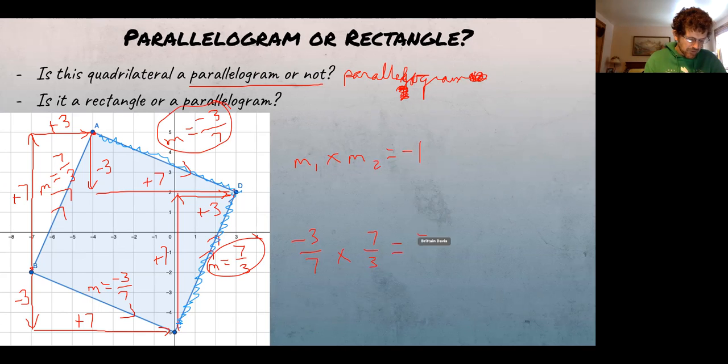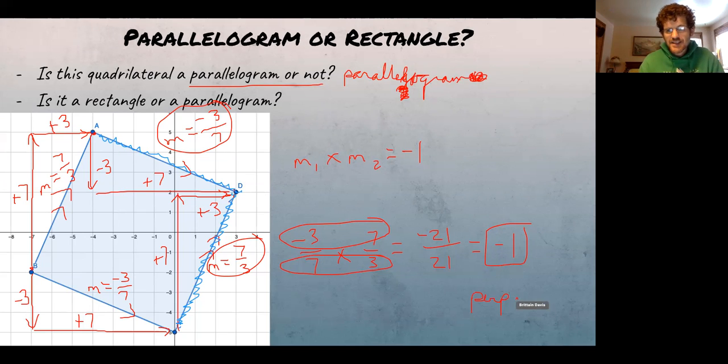So that gives me negative 21 on the top and then 21 on the bottom. I'm going to multiply across like this. And that gives me negative 1. So it turns out these are perpendicular, which means it meets at a 90-degree angle and it meets the definition of a rectangle.